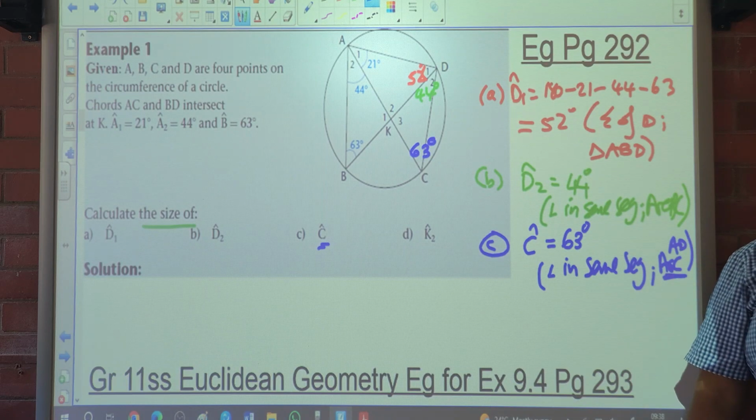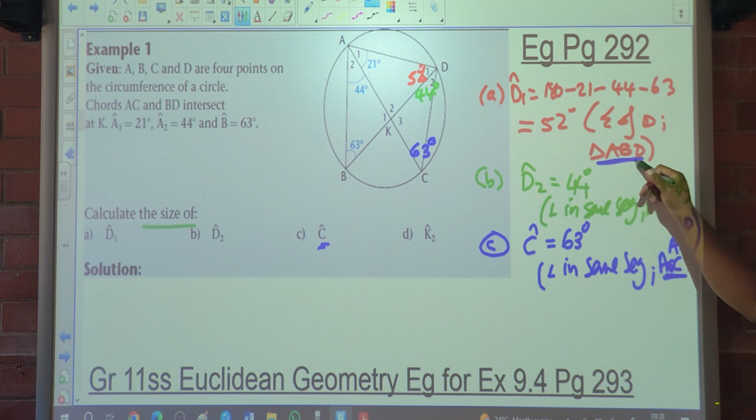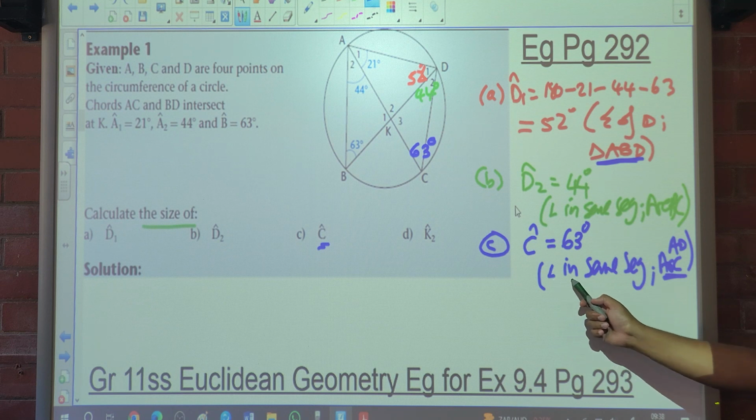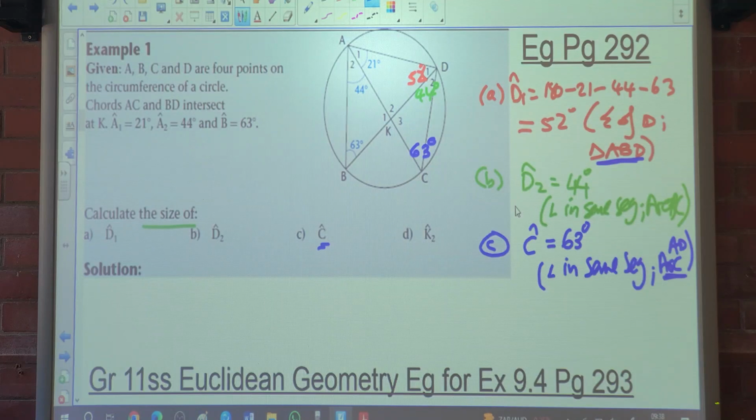No. We do not have to say which triangle or which arc it's coming from. You just have to write angles in same segment. So why do I write it in? So that if you're studying later and you're a bit confused, you can see which triangle we're talking about and which arc or chord it's coming from.